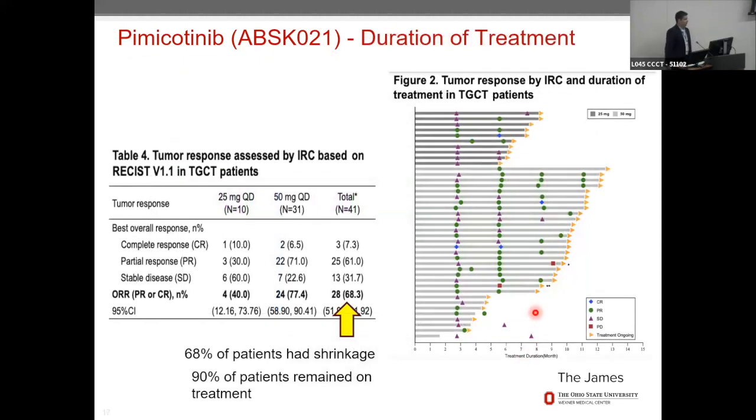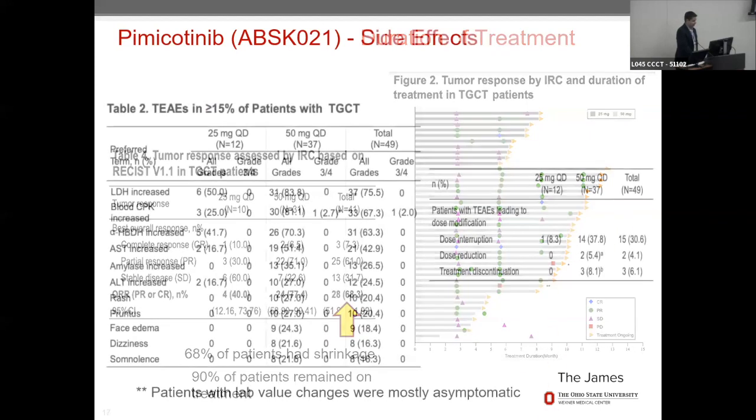So the key here, what I'm trying to show, is that about 68% of patients that participated in this trial in an expansion had shrinkage of the tumors, and about 90% of patients remained on treatment, which is very significant too. And this, again, is another waterfall plot showing you similar characteristics.